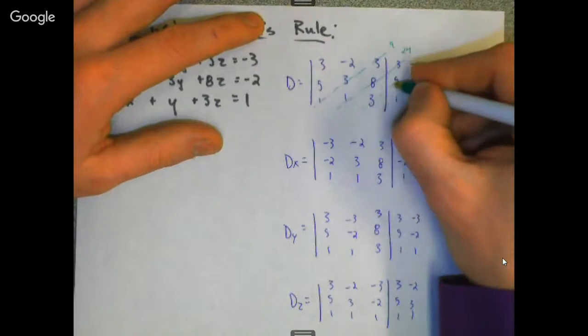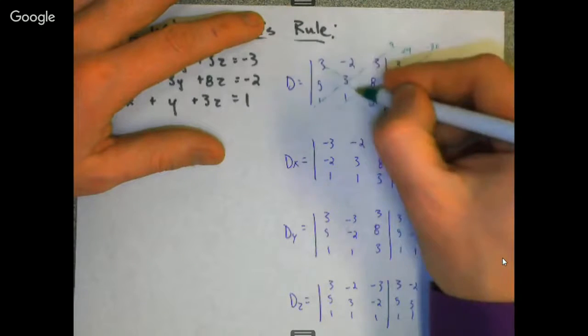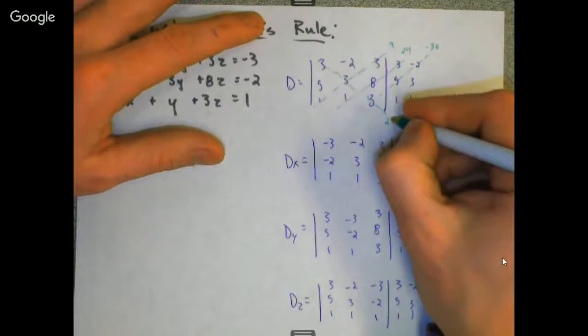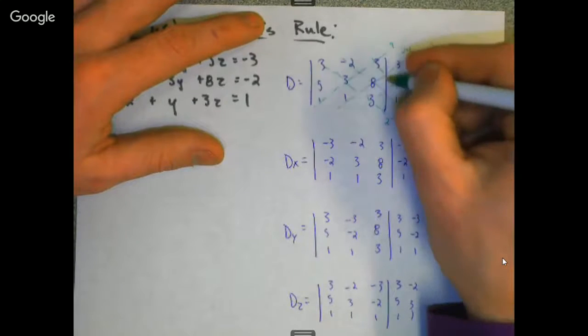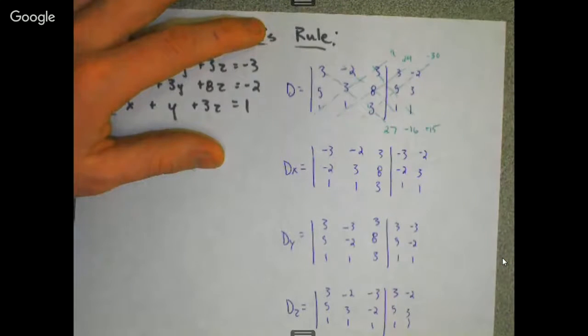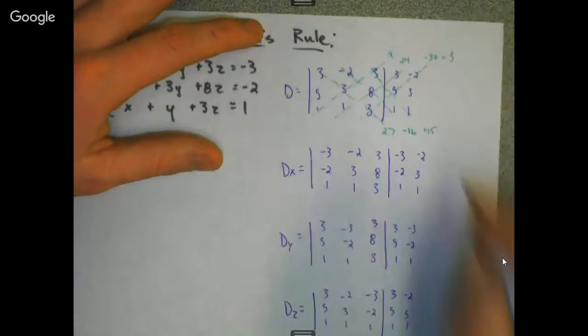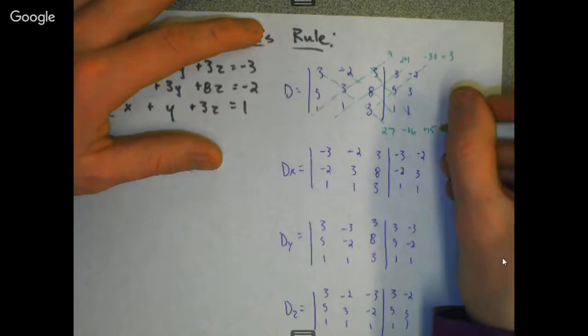And then 3, 5, and minus 2. And then go the other direction. Okay, so you have 9 plus 24 plus negative 30. That's 3. Negative 27 minus 16 plus 15 is 26.